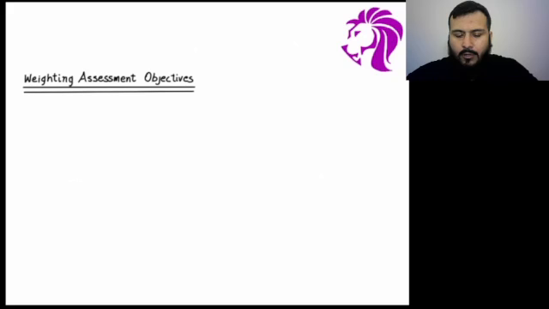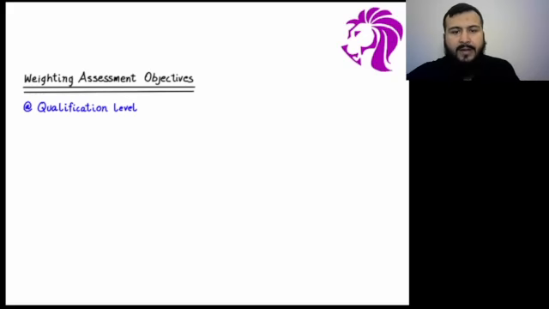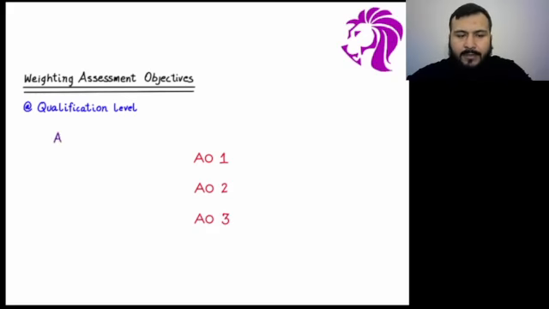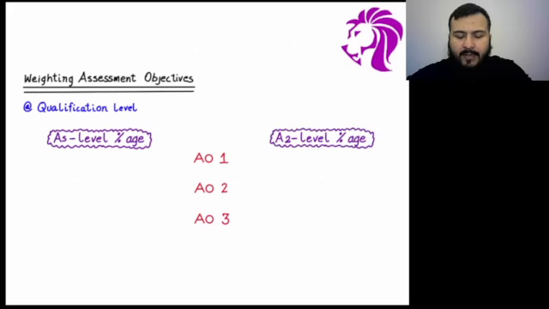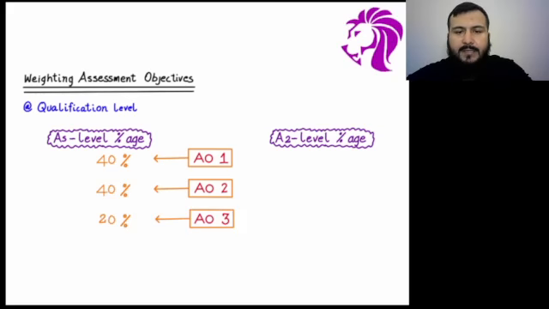Now if I talk about the qualification level, that means how much they contribute in AS and how much they contribute in A2. See, these are the 3 learning objectives. At AS level, assessment objective 1 contributes 40%, assessment objective 2 contributes 40%, and assessment objective 3 contributes 20%.